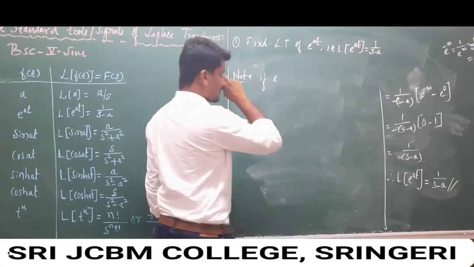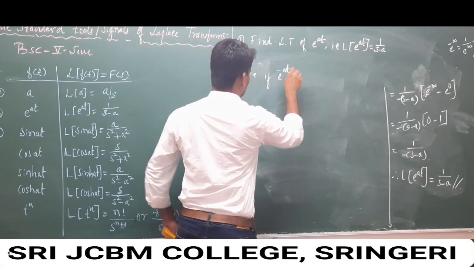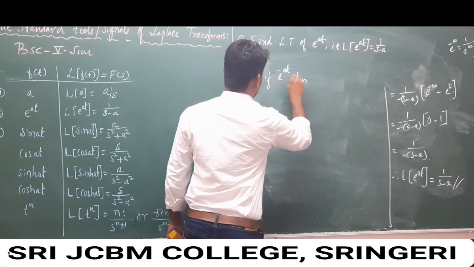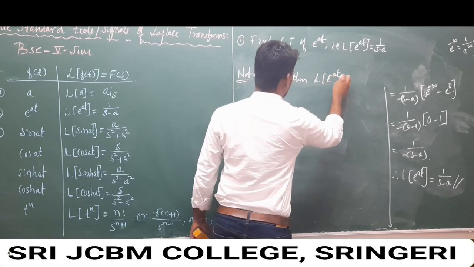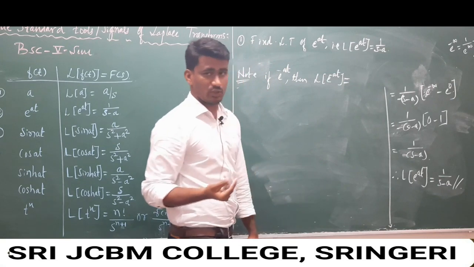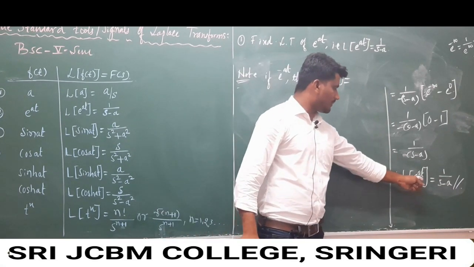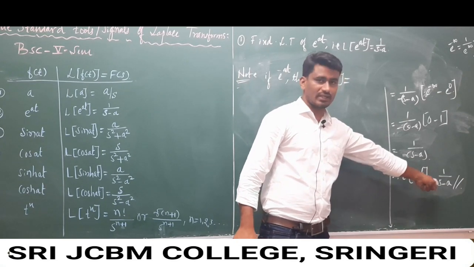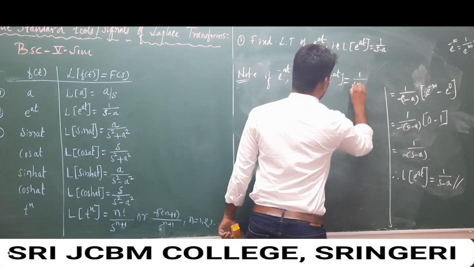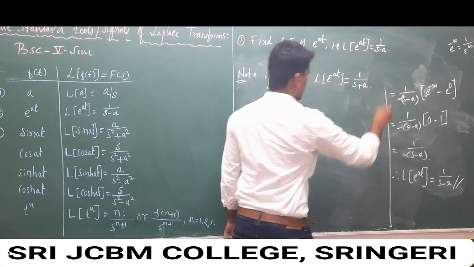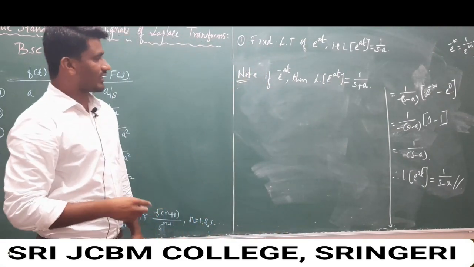If the exponential function is e to the power minus at, then the Laplace transform can be written in the frequency domain as follows. When e to the power positive at is there, we get s minus a in the frequency domain; here it is negative, so we get s plus a. Try it yourself, and we'll see some examples on it.